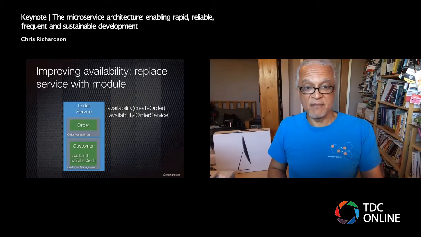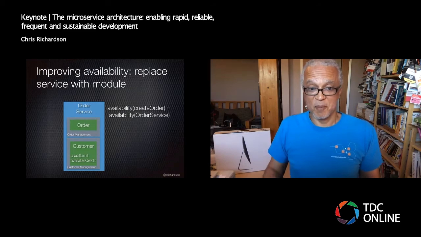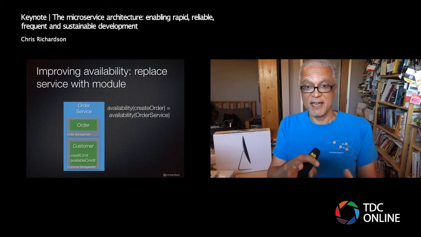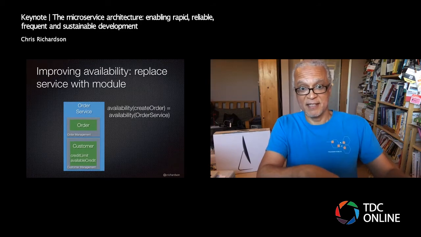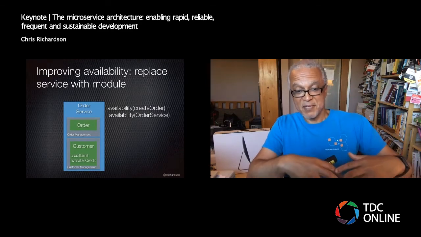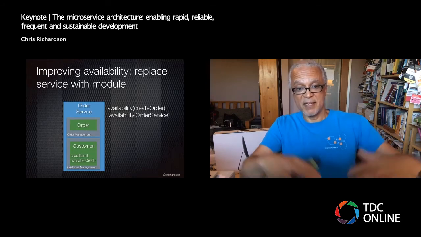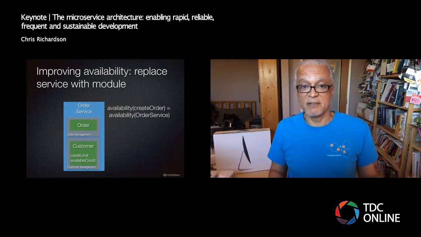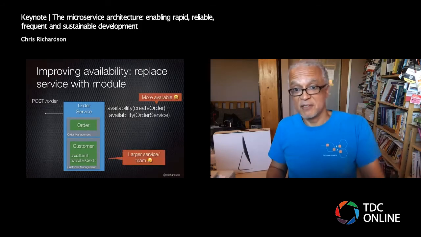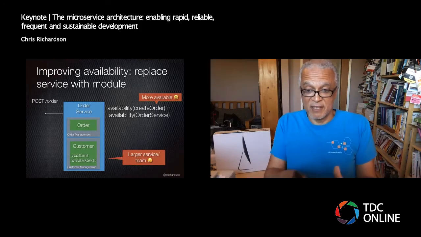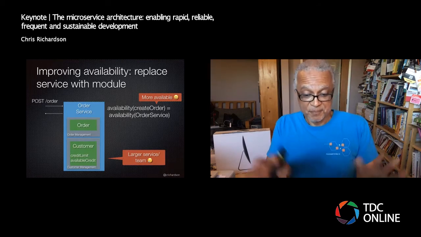One way to achieve that is to actually avoid the problem by merging services together, putting the customer management logic inside the order service. Sometimes you should do that, but it's against the idea of microservices. It works and reduces the availability problem, but it means you have larger services and larger teams.